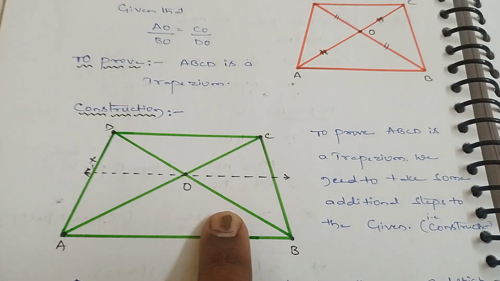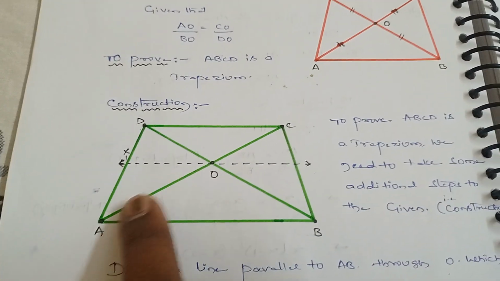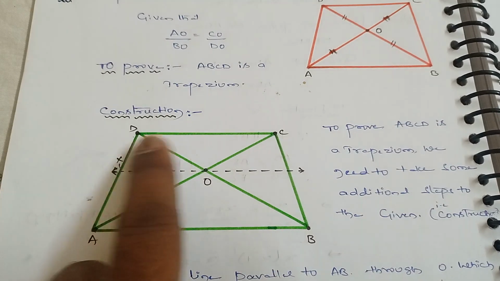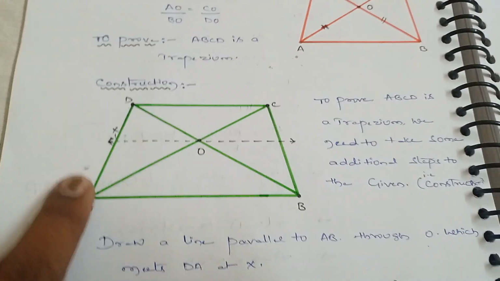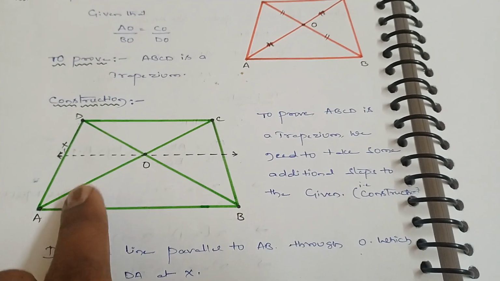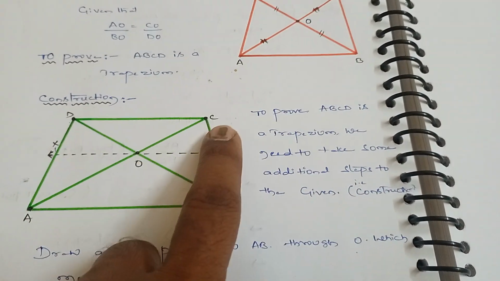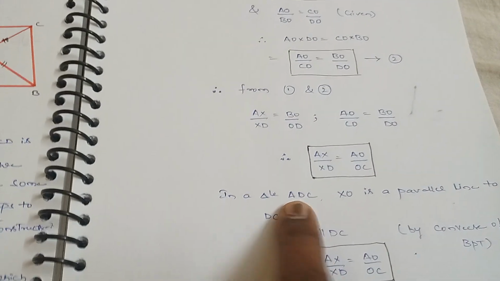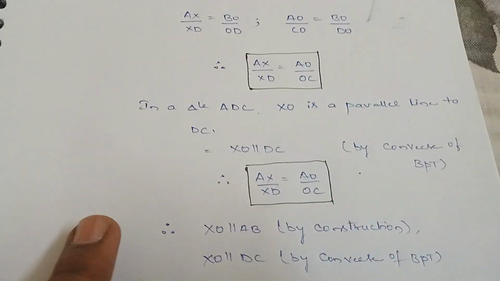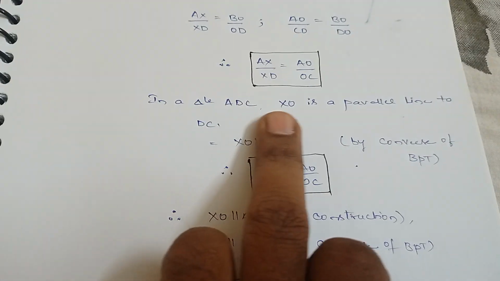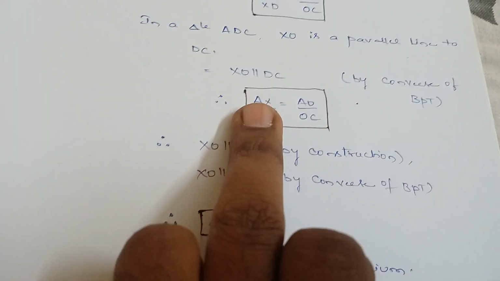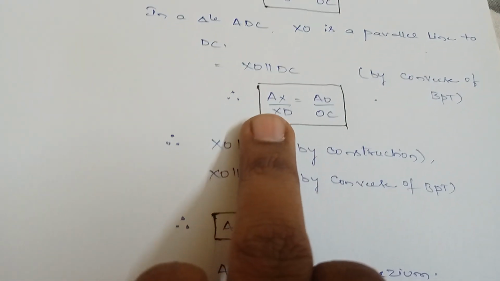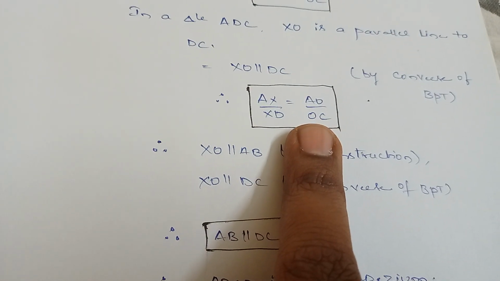I took DAB as one triangle, and now I take ADC. Same procedure again. In triangle ADC, XO is parallel to DC. So by the converse of BPT, we get AX by XD equals AO by OC.